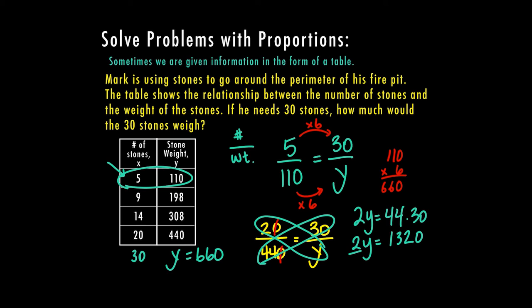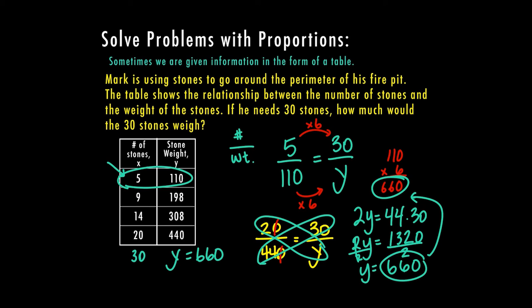And then my last step is to divide both sides in half. So y would equal half of 1,320, which would be 660. And so I can see here that no matter which way I solve this problem, both ways I'm going to get 660 for the weight of those 30 stones.